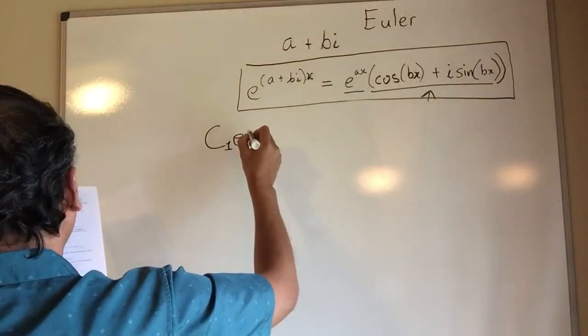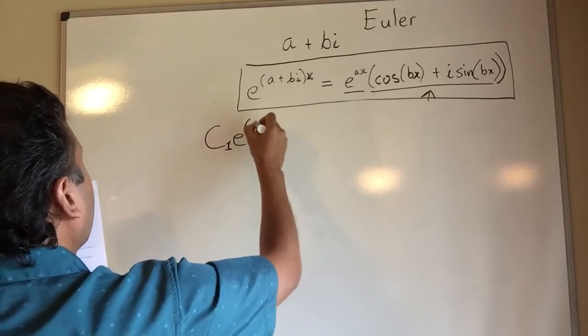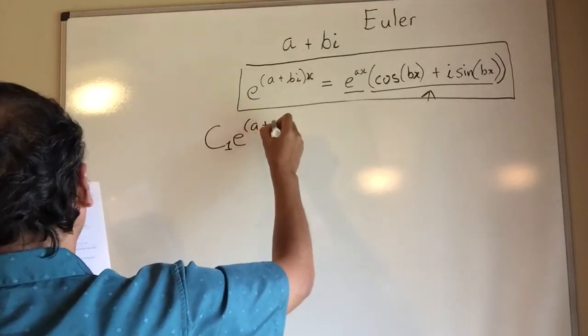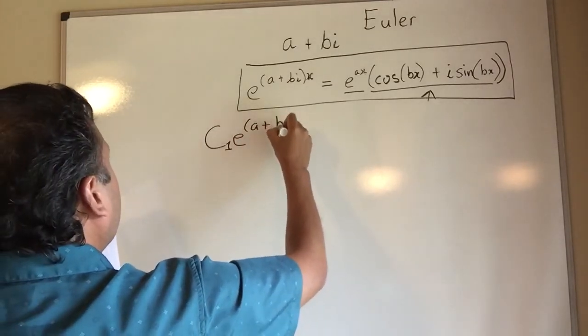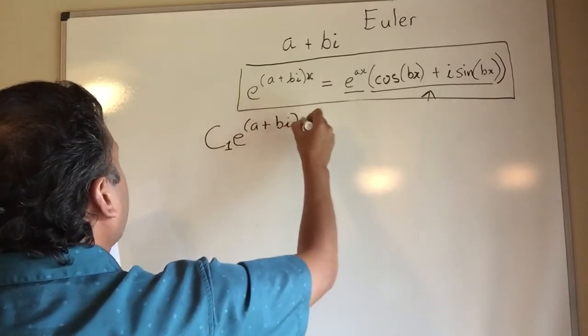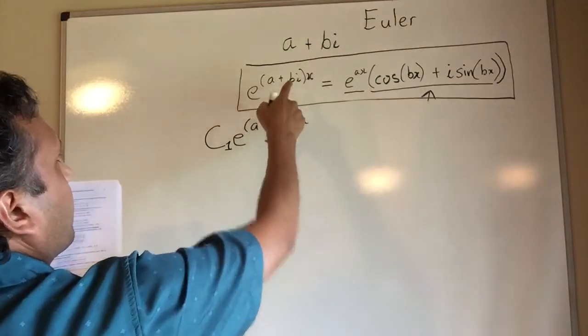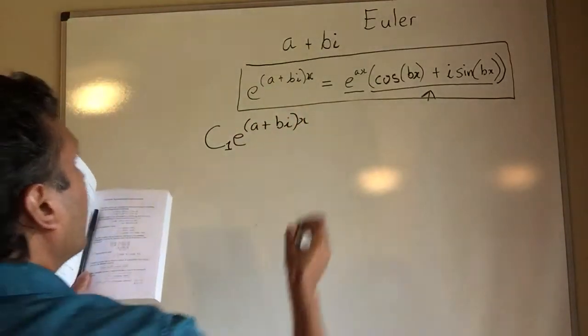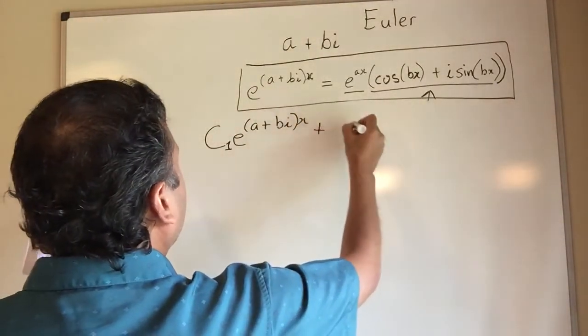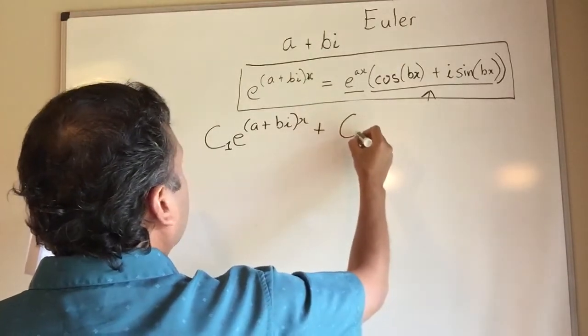Multiplied by e, which is raised to a plus bi multiplied by x, which is very similar to this, plus c, a constant, which is different.